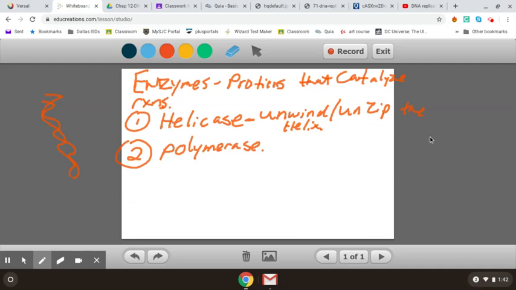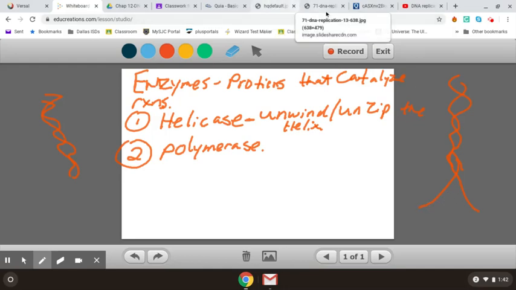So we want to go from something that's all squiggly like that to something that's open like that, kind of like a zipper. That's why we call it unzipping. If you've ever zipped up your coat and then the zipper breaks and the bottom kind of opens up and you can pull it apart on each side, that's kind of what we want to look at, because we want to unzip this.